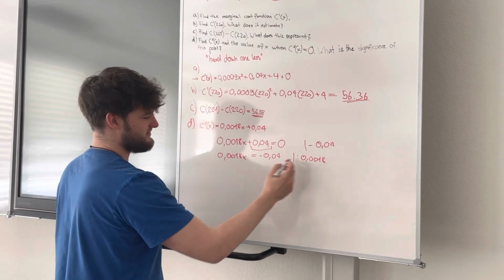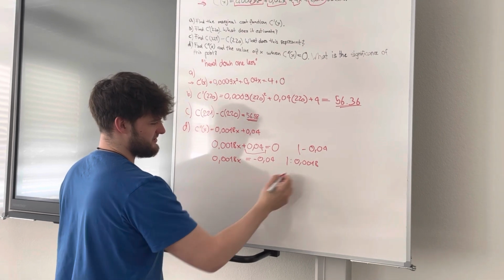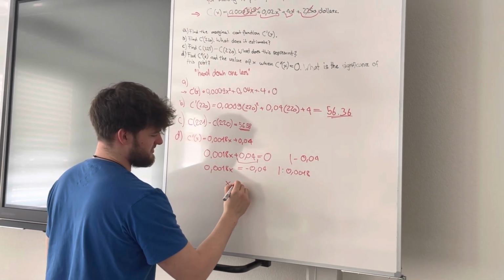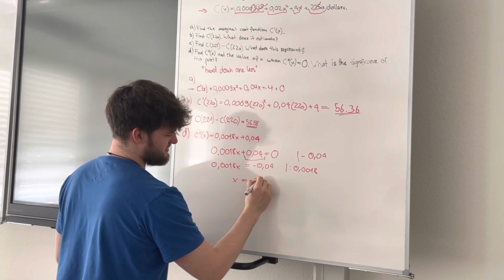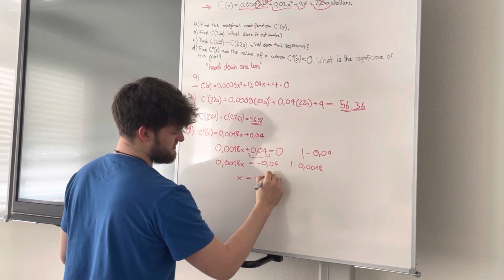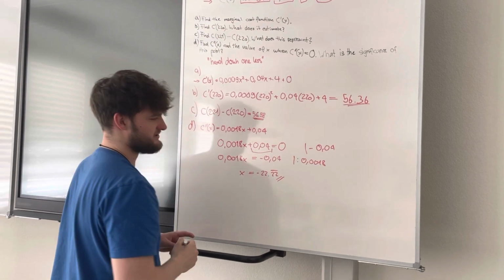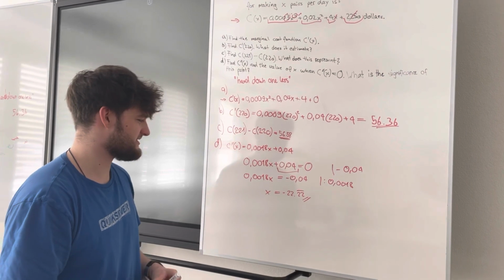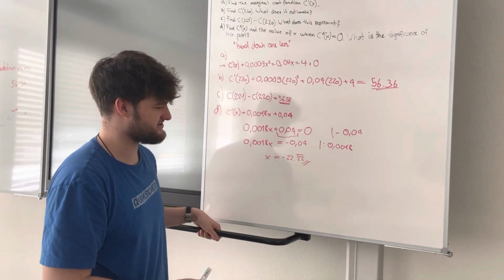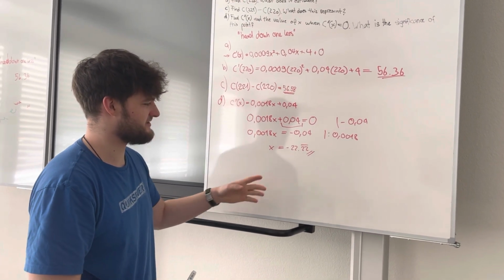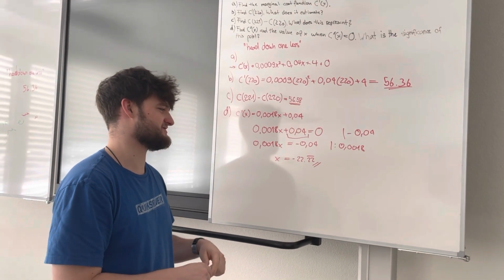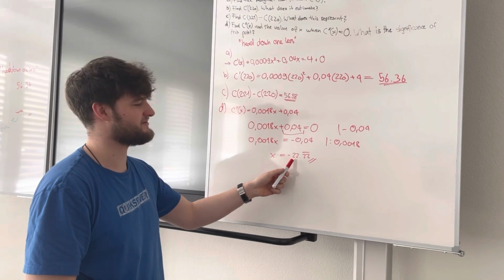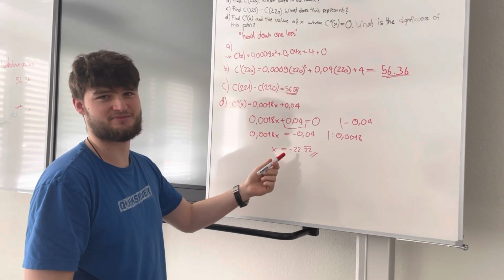So we divide this part right here with this number, and then we get x is equal to minus 22.22, like this. So this value is the rate of change at the lowest, but it doesn't really make sense because it's impossible that we produce less than 0 pairs of genes.